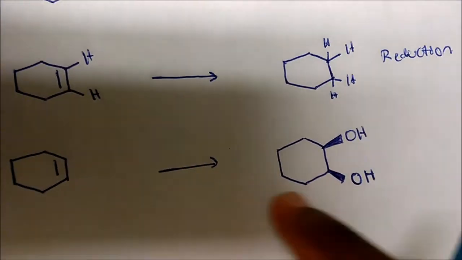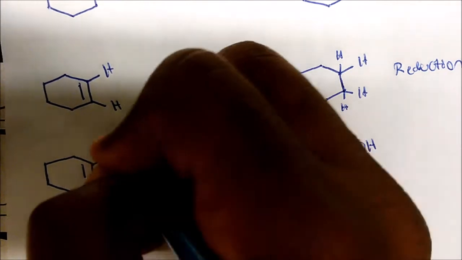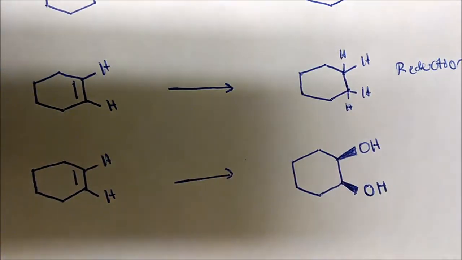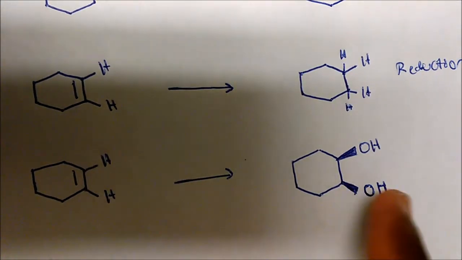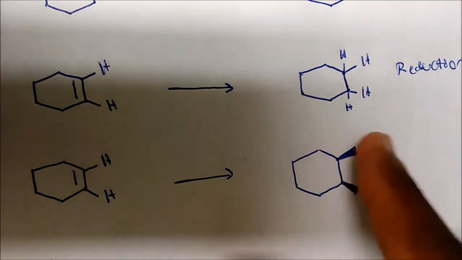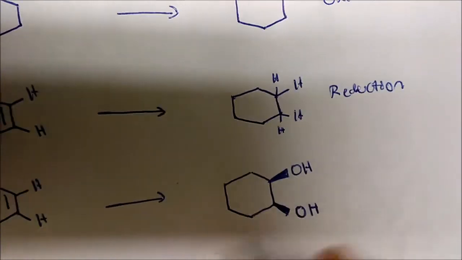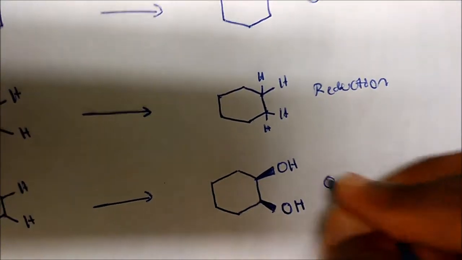Now again, what about this one? It looks as if I have a hydrogen here and a hydrogen here. They both have hydrogens in common, so I'm not going to pay attention to hydrogens. I'm going to pay attention to oxygen, and the fact that I've gained two oxygens simply means that I oxidized.